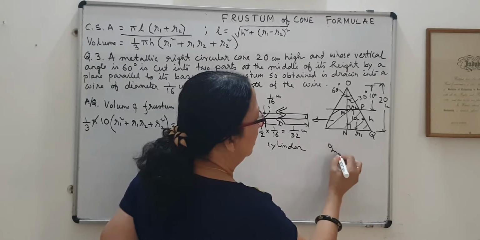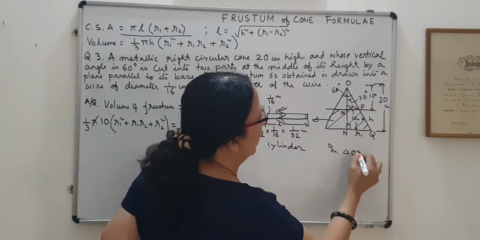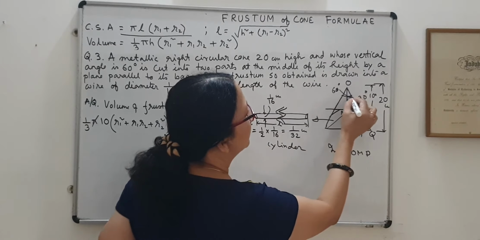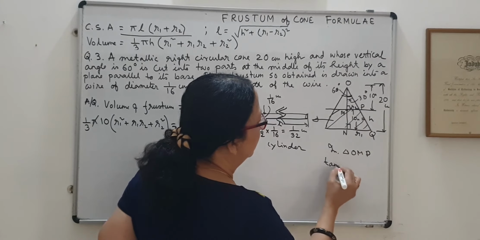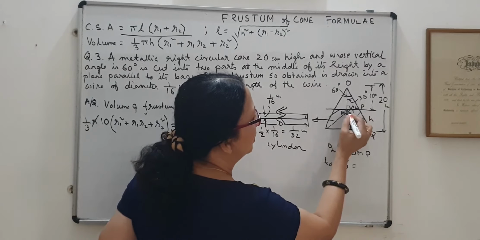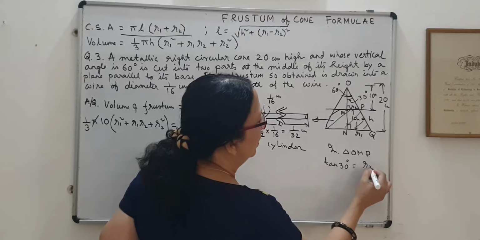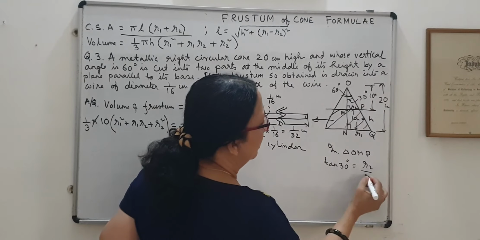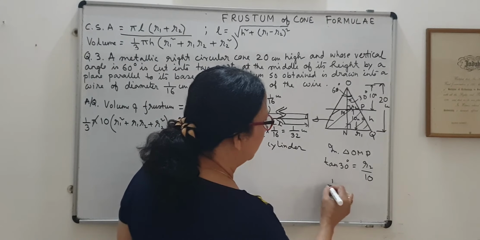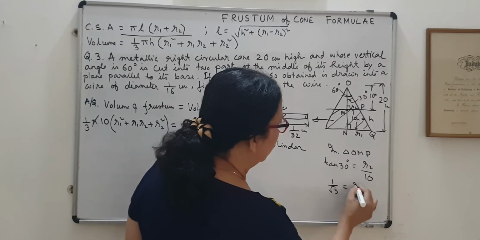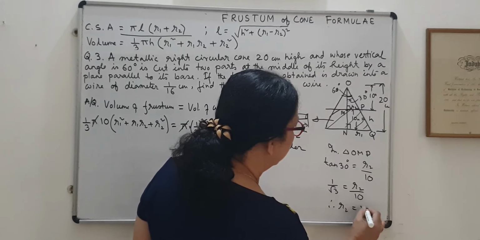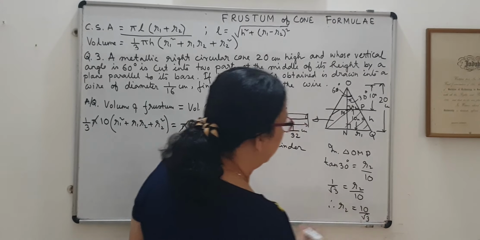So in right triangle OMP, if I take tan of this angle, that is tan 30 degree, it is perpendicular by base. Perpendicular is R2 and the base is 10. So tan 30 is 1 by root 3, which equals R2 by 10. Therefore R2 is equal to 10 by root 3.